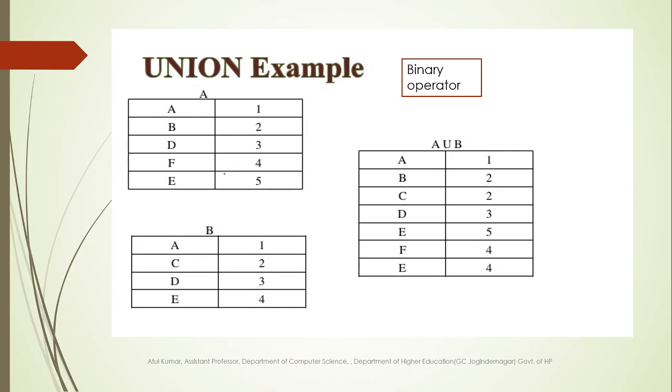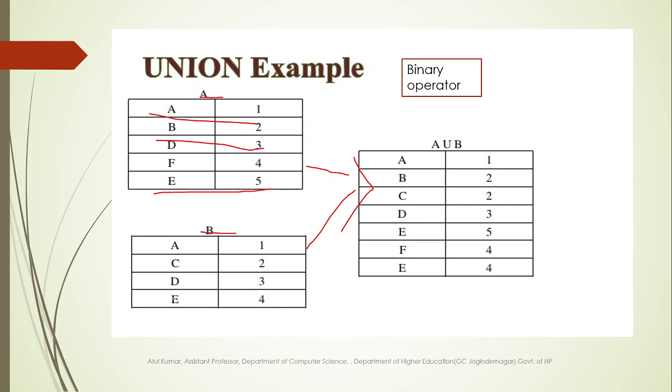Here is an example of a union operation. We have two relations, A and B. The first relation contains 5 tuples and the second relation B contains 4 tuples. When we apply a union operation, it contains all the rows in A and B, but it eliminates duplicate rows.